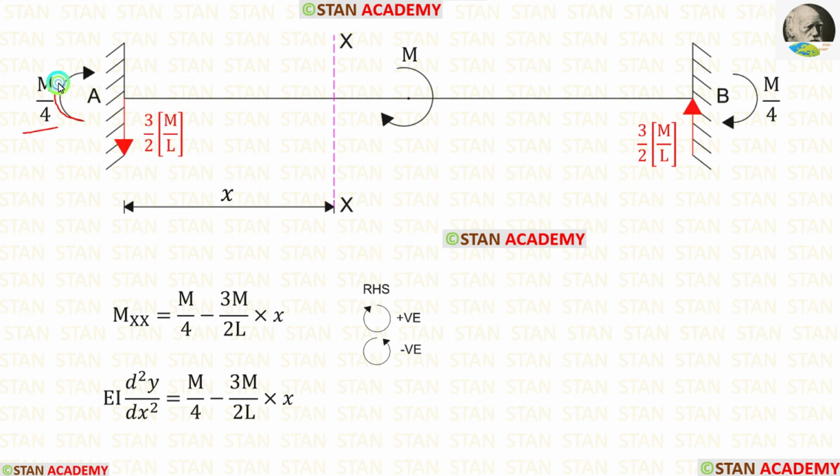MA is acting in the clockwise direction, so it will be positive. The reaction RA is acting in the anti-clockwise direction, so it will be negative, and the distance is x. Let us equate Mxx with EI d square y upon dx square.